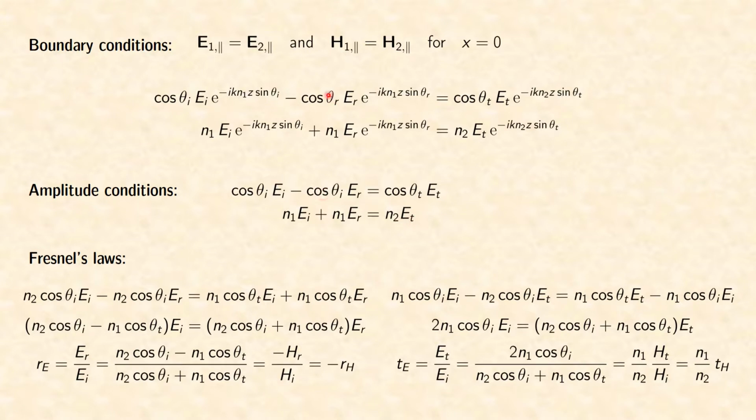And again, we used the law of reflection here and substituted theta r by theta I. But also, in the same way as for the TE wave, we kept theta t, although we know that this is not a free parameter anymore, but it is fixed by Snell's law. It is a function of theta I.